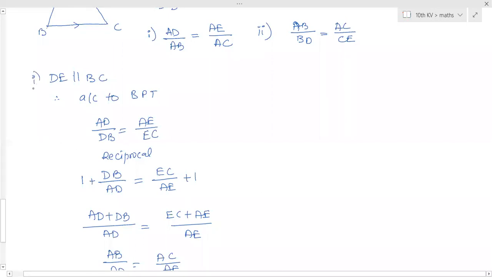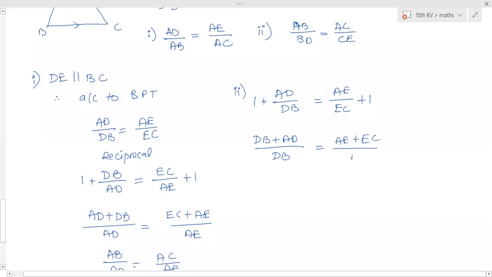So this is the first part. Now see the second part. If we add directly without the reciprocal, what will we get? DB plus AD by DB equals AE plus EC by EC. So DB plus AD is AB, AB by DB is equal to AE plus EC, which is AC, by EC.